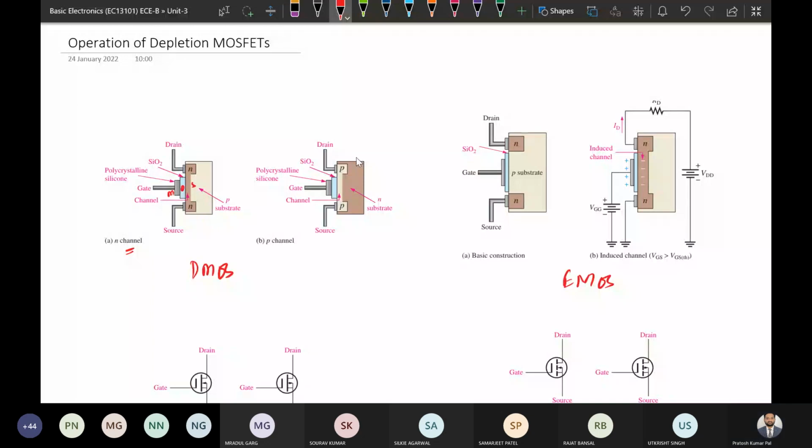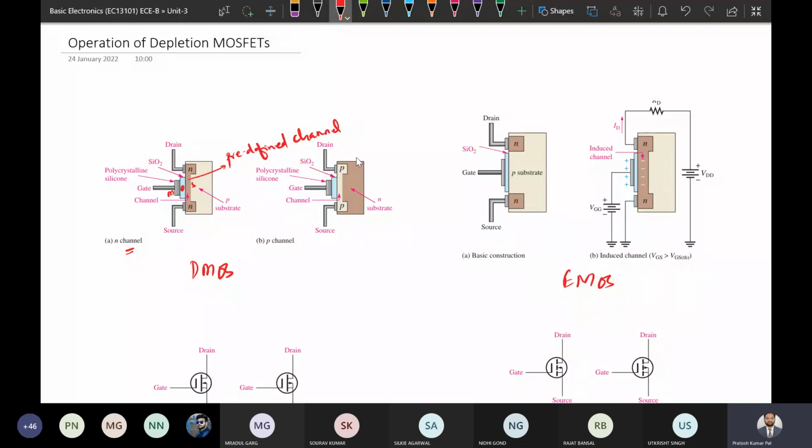The only difference is that there will be a channel formed. This is a predefined channel, and if it is N channel, the channel will be of N type, with most of the electrons in the channel, formed because of the high concentration of electrons in the source and drain region.